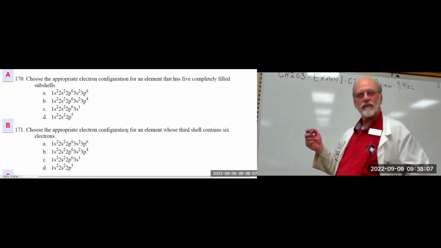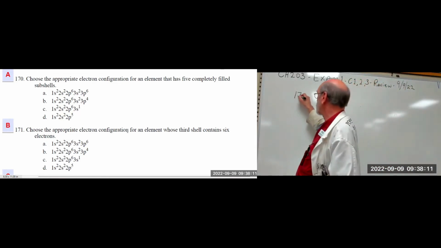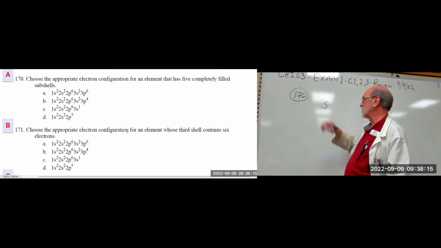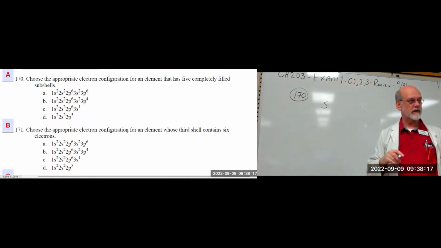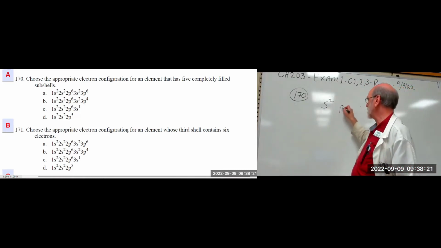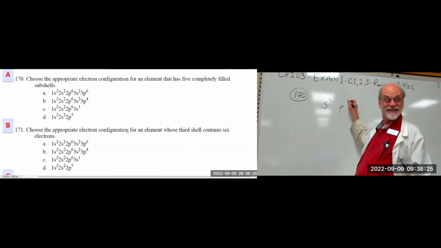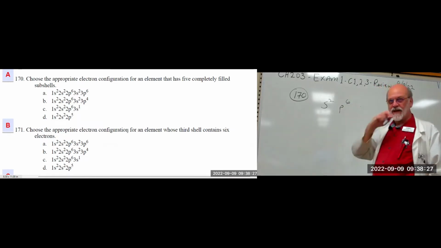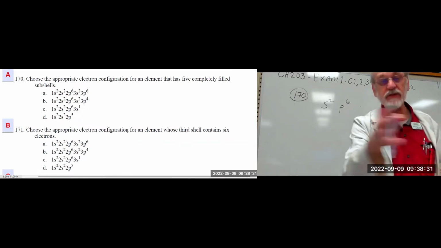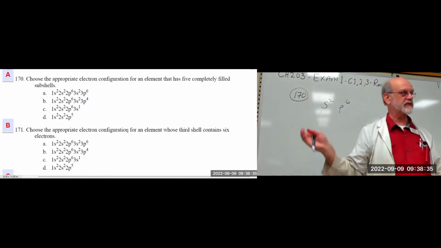So we have to remember that, let's see, 170. How many can you maximum have in the S shell? 2. How about P? 6. And that's all we have in our answers, S's and P's, nothing else.